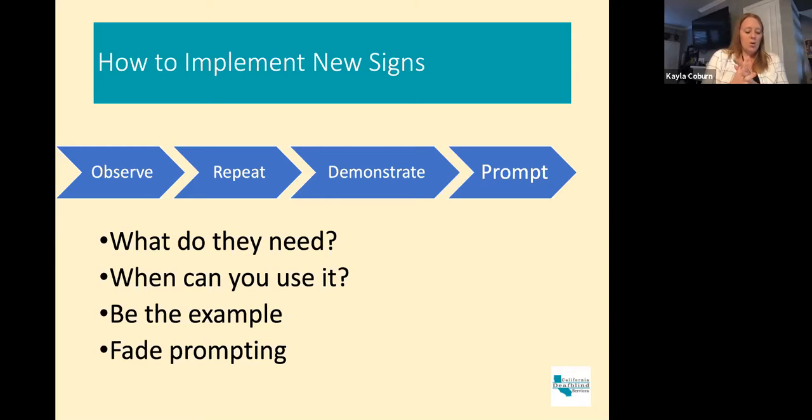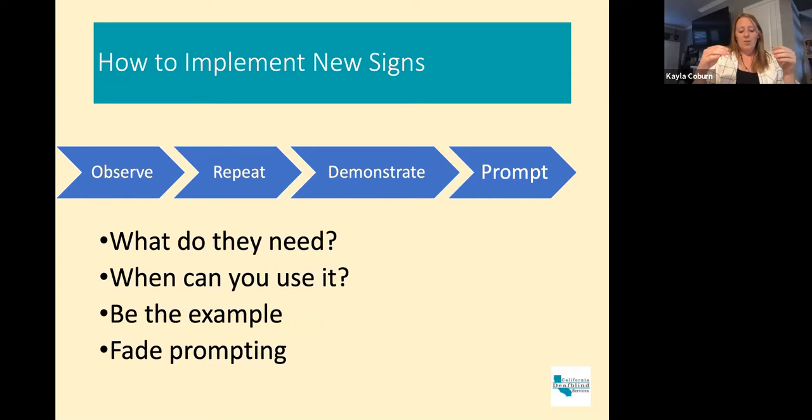Let's use, for example, a child who wants more food, because more is a really big sign that people use. It's like two flat O's with your hands, and then you put your fingers together. But we'll go over that towards the end.